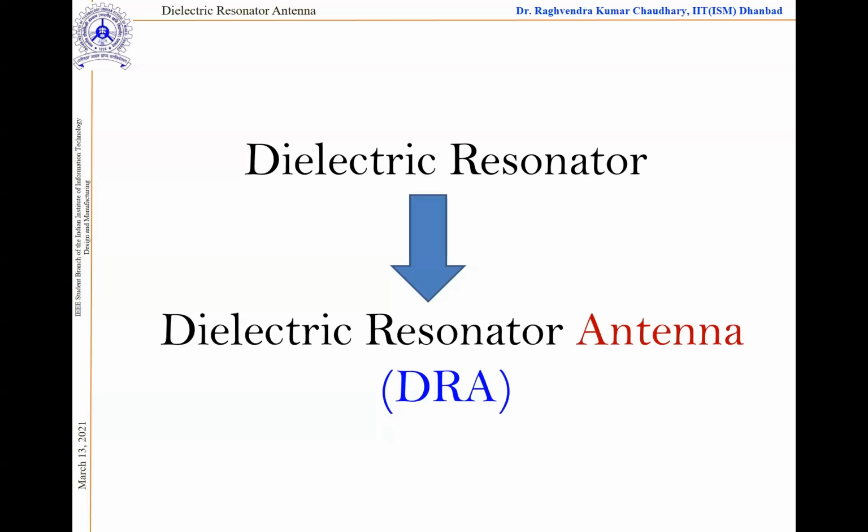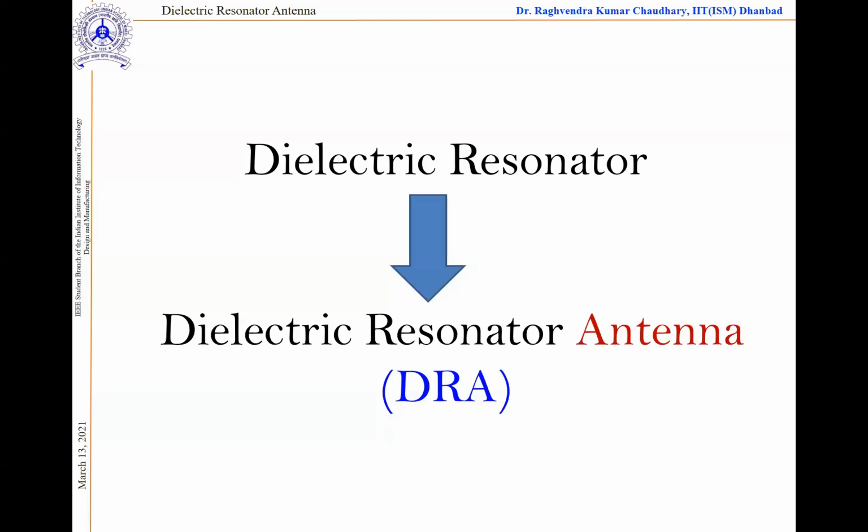Correct. So I told about two things. One is the TCF, that is temperature stability, and another is the ohmic losses. You can see here the advantages for antenna design, because the efficiency is directly related with the metallic losses.